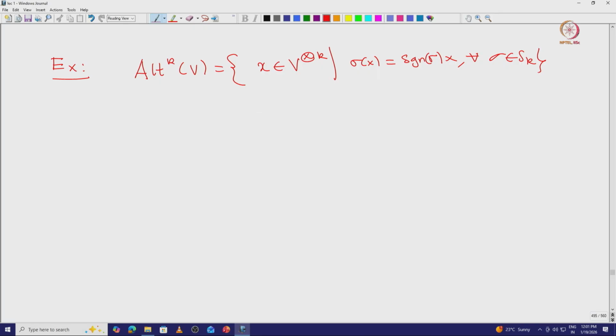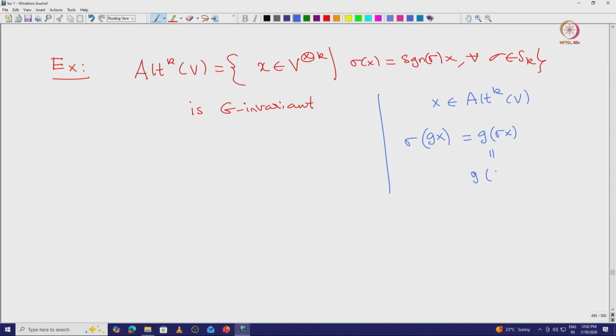And since the S_k action and G action commute, this is also a G-invariant subspace, which will follow easily. Let me check it for you. If you start with x in Alt^k V and apply g, then if you take sigma of gx, it is going to be g sigma x, and now sigma x is going to give you sign.